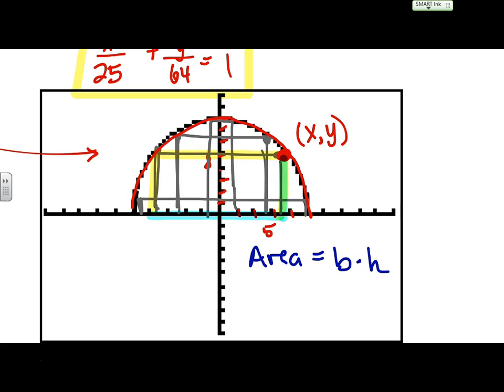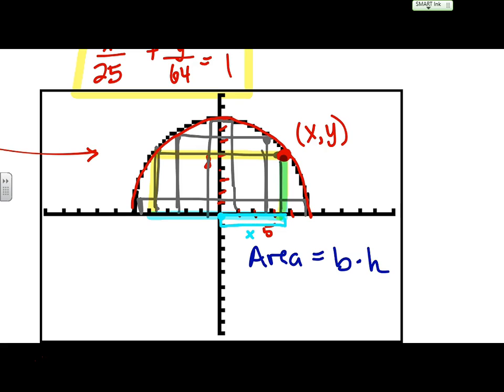Now, the base, isn't x a horizontal measure, guys? If x is a horizontal measure, does it measure the entire base or just part of it? Yeah, the x just measures half of it.